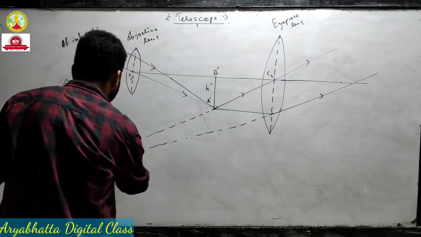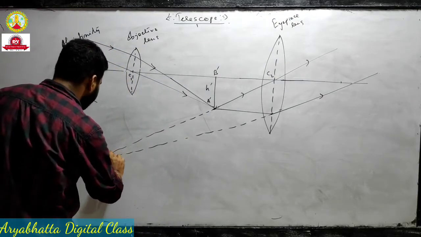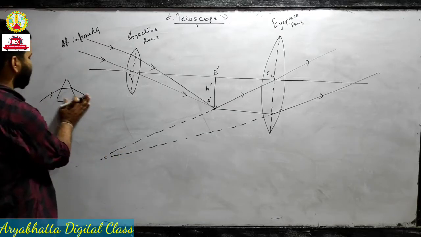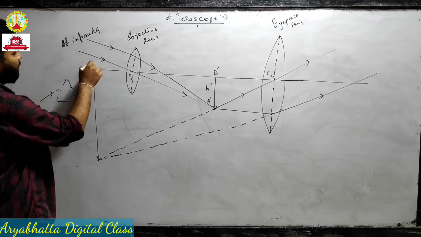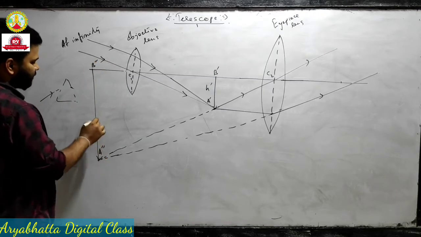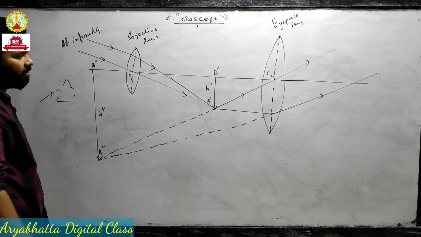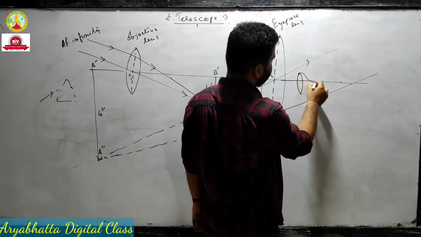They will simply meet somewhere at this position. So here the final image B double dash, A double dash, H double dash will be formed. So where we have to keep the eye? Eye will be somewhere at this position.